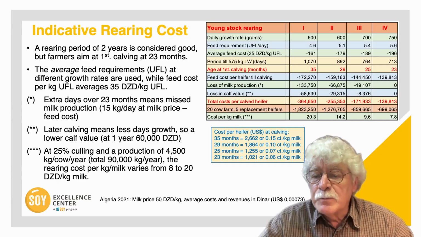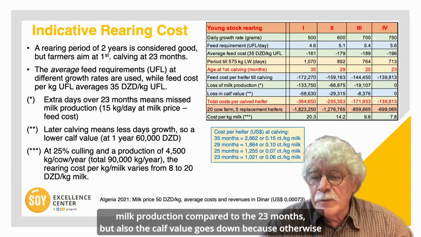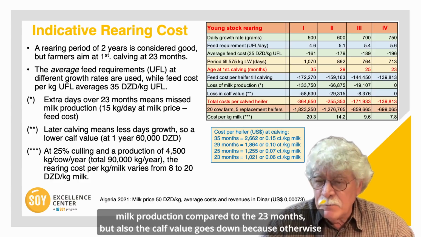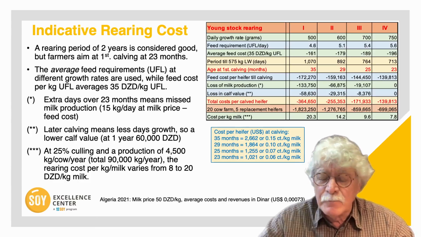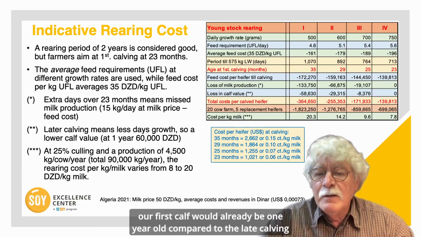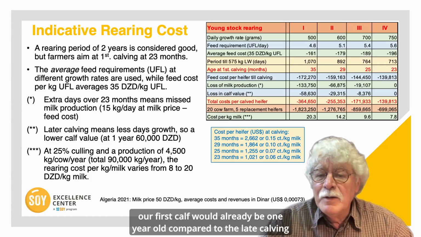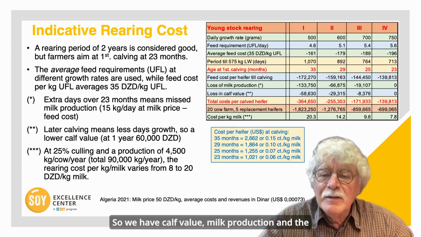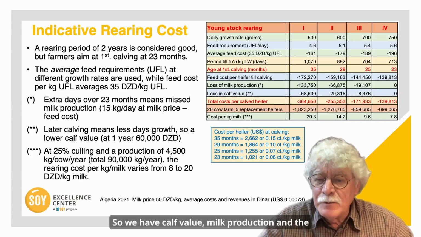So we lose milk production compared to the 23 months, but also the calf value goes down, because otherwise our first calf would already be 1 year old or more compared to the late calving cost. So we have calf value, milk production, and the rearing cost itself.